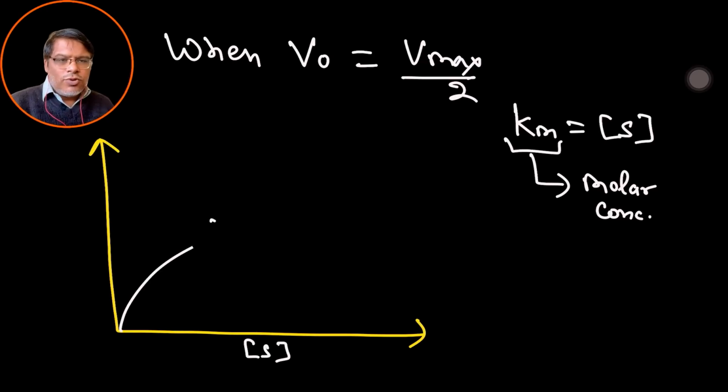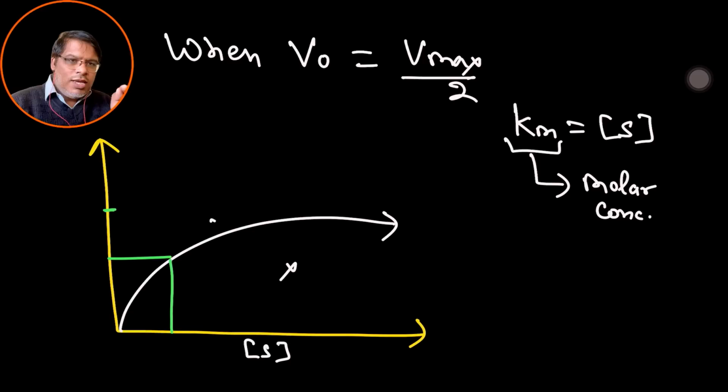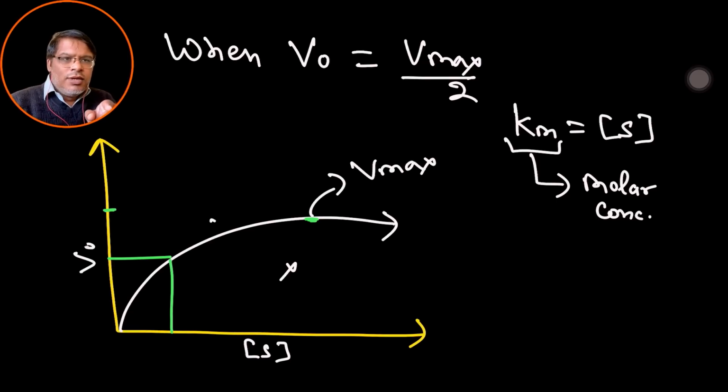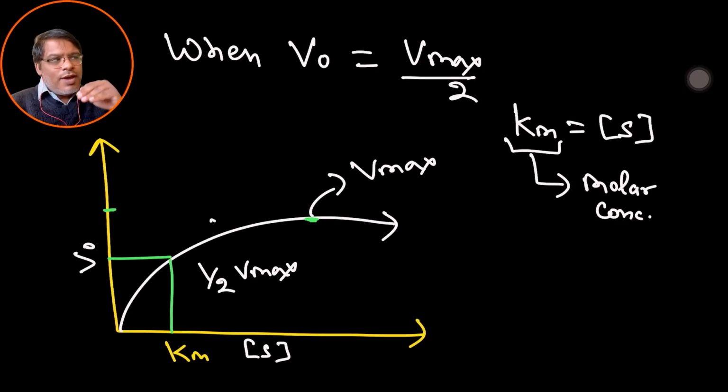If you plot the graph, you see that this point represents the maximum velocity of the enzyme. At the point where VO is equal to half of Vmax, this point is known as the Km, and Km represents the substrate concentration at which the enzyme has reached a velocity that is half of Vmax.